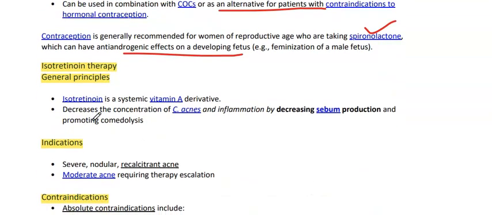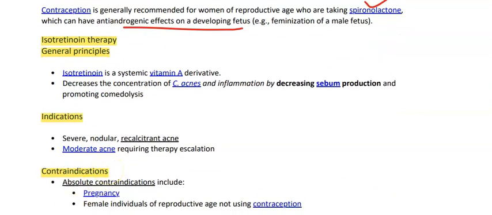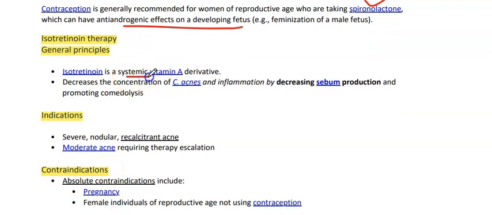Now we have isotretinoin therapy. Isotretinoin is a vitamin A derivative and it decreases the concentration of Cutibacterium acnes and inflammation. Indications are severe acne, nodular acne, acne not responding to standard treatment, and moderate acne requiring therapy escalation.